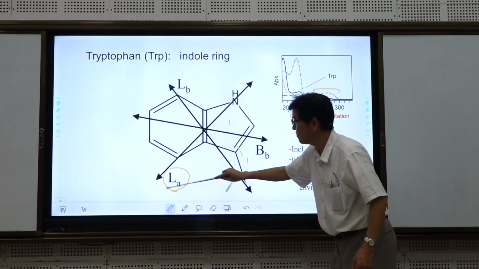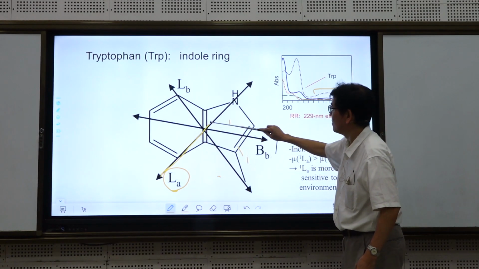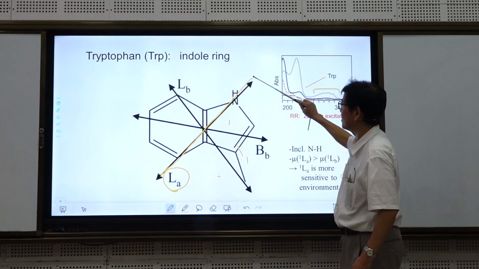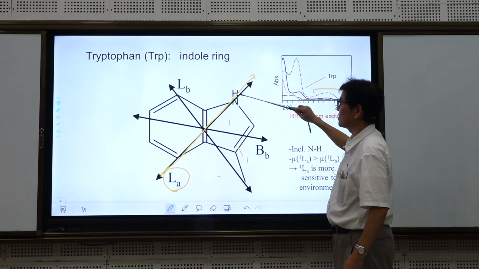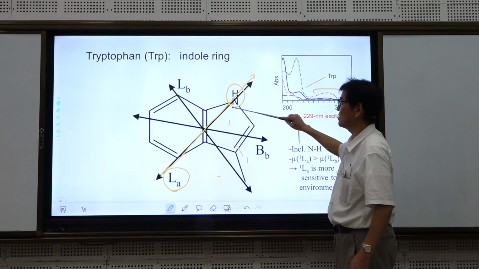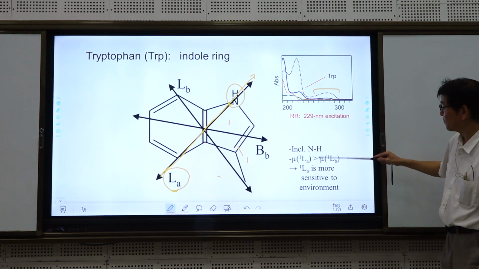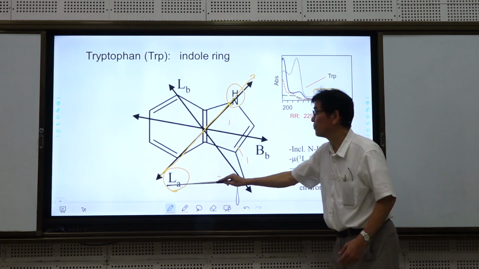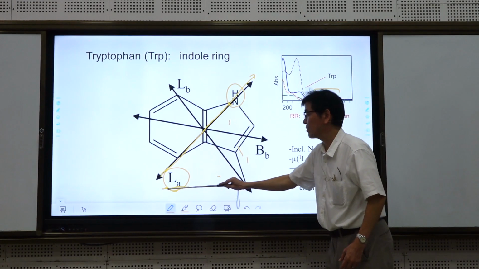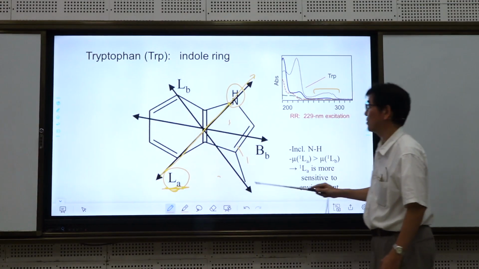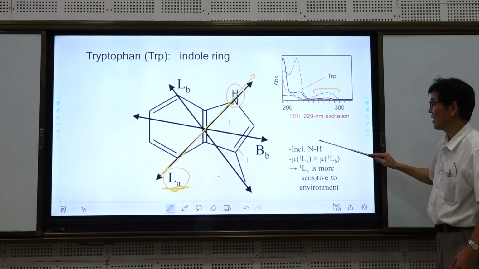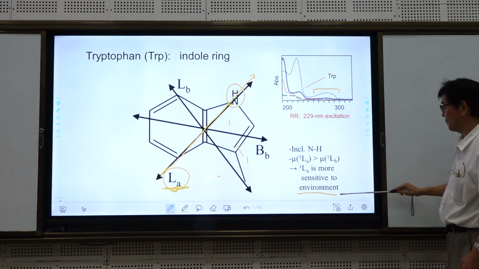And the LA transition moment is sensitive to the condition of the NH hydrogen bonding. So the Raman band that resonates to the LA mode is sensitive to the environment.